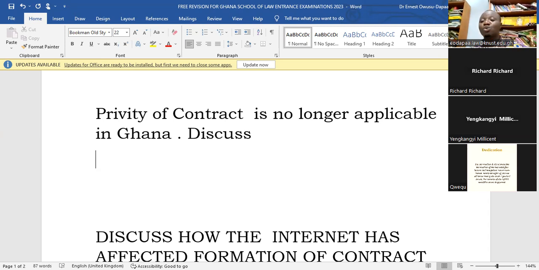And then again, when it comes to assignment, okay? Assignment is an agreement between the assignor and the assignee.